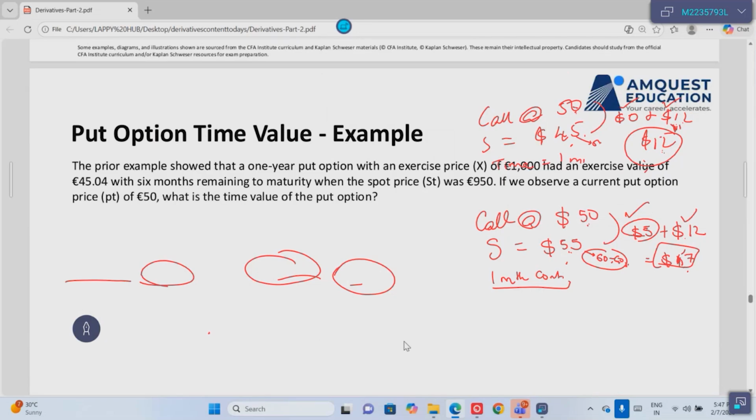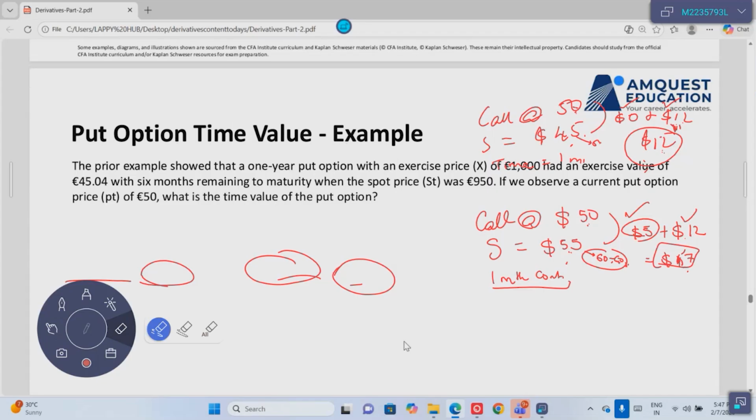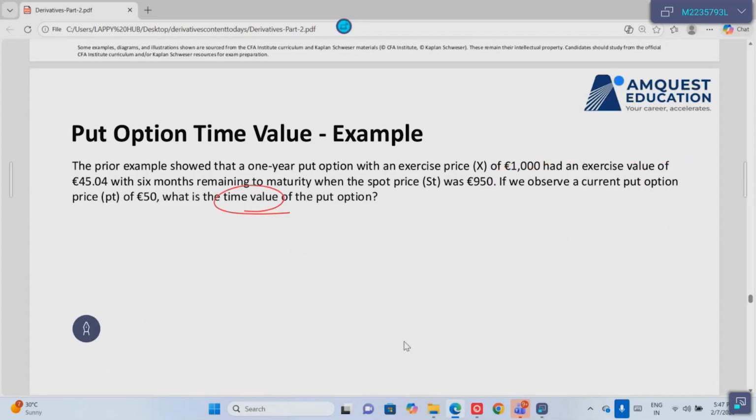Okay. Now similar example. Now you need to tell me, this is very interesting. What is the time value portion of the contract? Same sum I solved with you earlier, but now you answer, time value कितना है? Obviously you already found out the value.